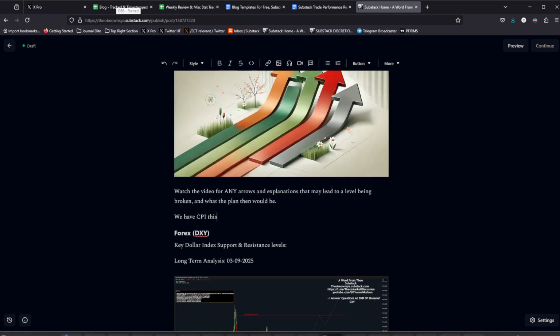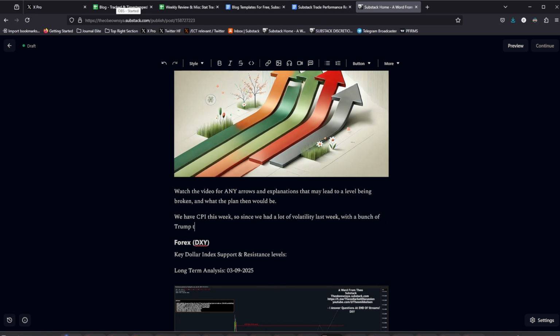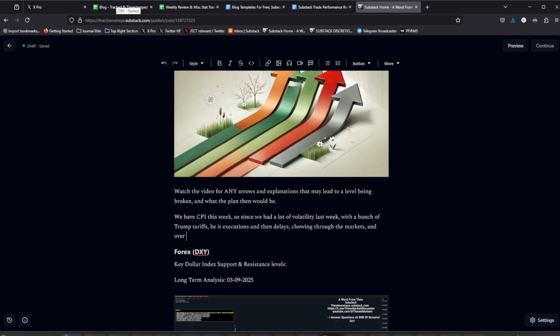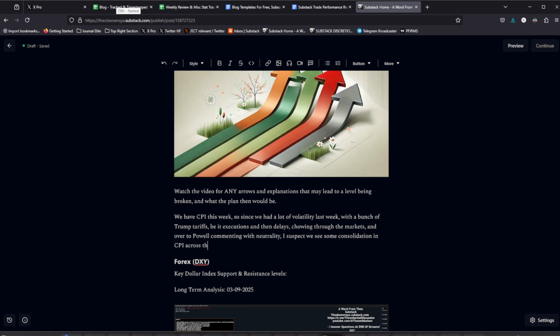Since we had a lot of volatility last week with a bunch of Trump tariffs, be it executions and then delays, chewing through the markets, and over to Powell commenting with neutrality, I suspect we see some consolidation into CPI across the board.